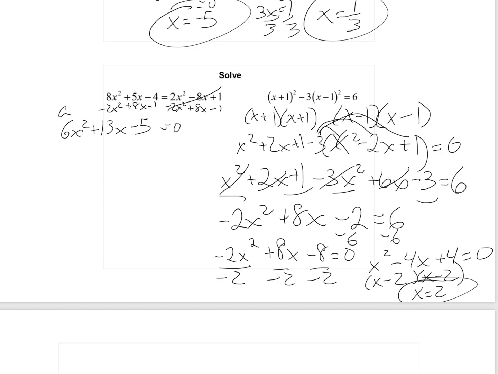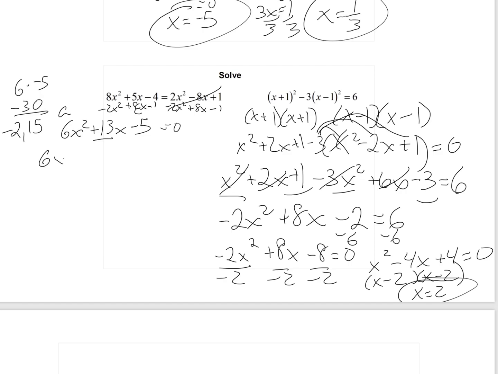But I'll take a times c, 6 times negative 5, and get negative 30. And I want factors that add up to be 13, so I believe they are, let's see, not 3 and 10. I'm tempted for that. Oh, here we go. A negative 2 and a positive 15.